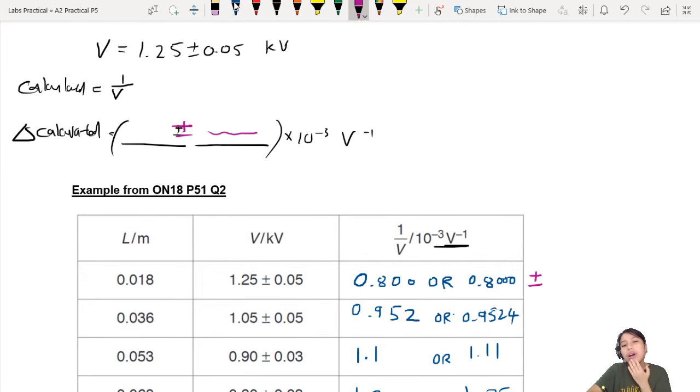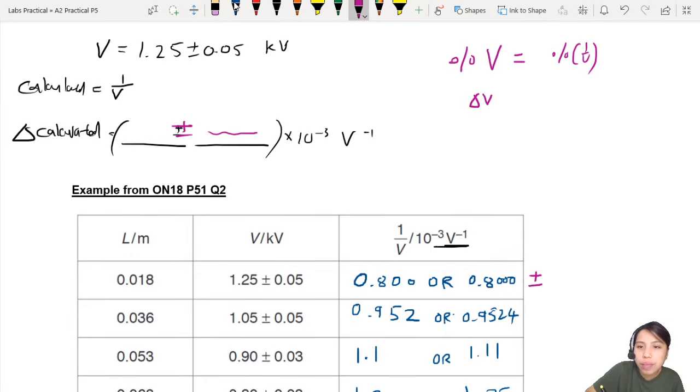So you need to know that the percentage uncertainty in V equals the percentage uncertainty in the calculated value, which is 1 over V. So you can convert, or you can do the fractional uncertainty method.